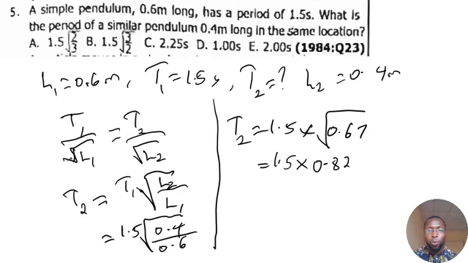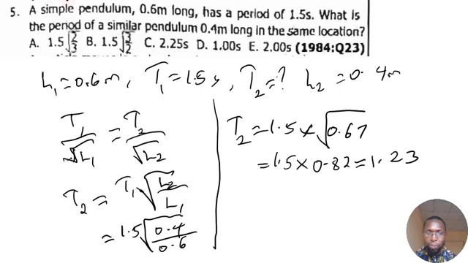But if we look at the options we have, there is nothing like 1.23. So what you now look out for is what is similar here. Looking at the options, we have 1.5 square root of 2 over 3, 1.5 square root of 3 over 2, and we are getting our answer to be equal to 1.23. So the best thing is to confirm this.